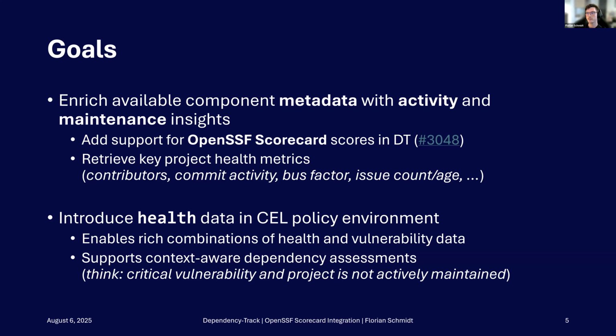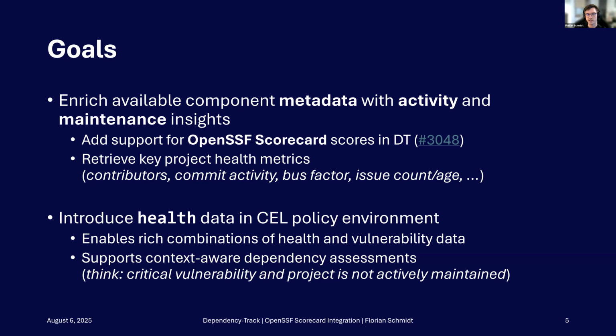And in doing so, also retrieve some other key project health metrics that can serve as proxies for development activity and the project health in these source code projects that belong to the components that you manage in Dependency-Track.